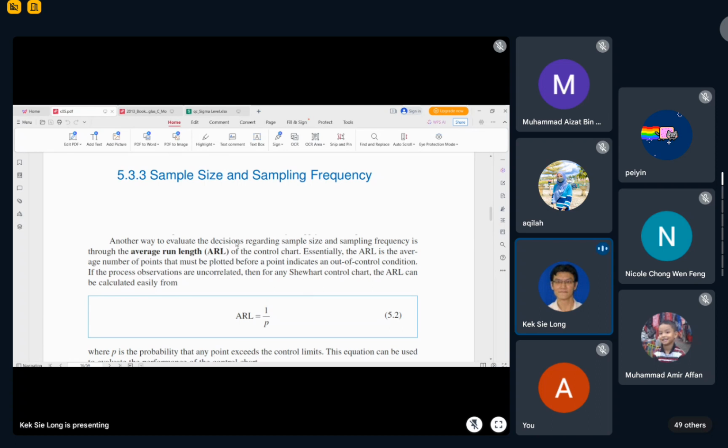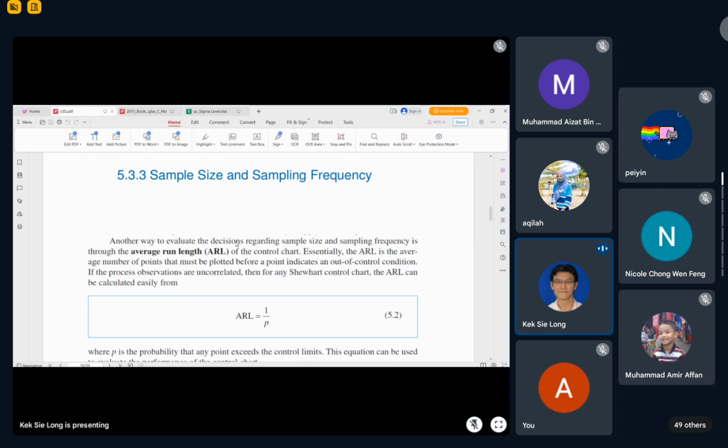We can define sample size as the number of elements in a group, or the number of data points in a sample.